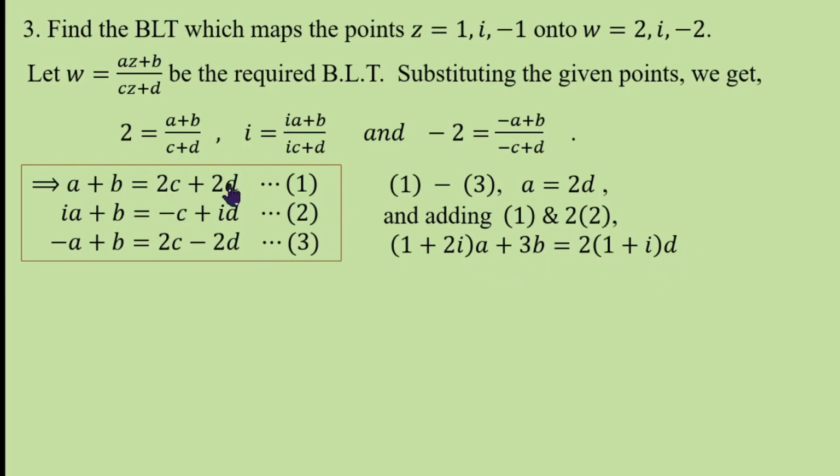On the right-hand side, 2d plus 2id, take 2 outside, 2 times (1 plus i) d.